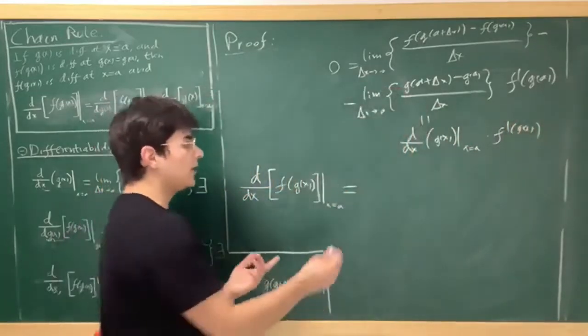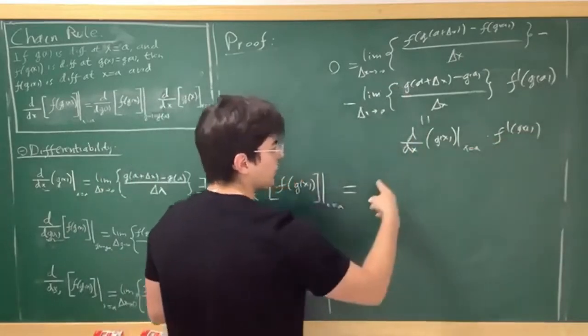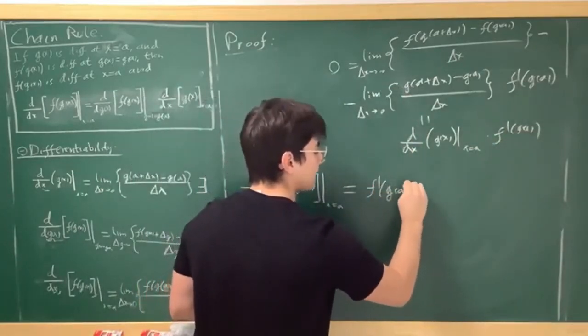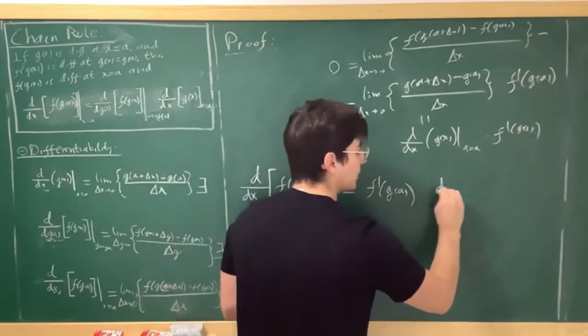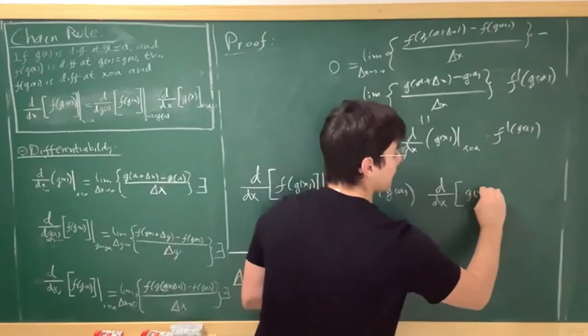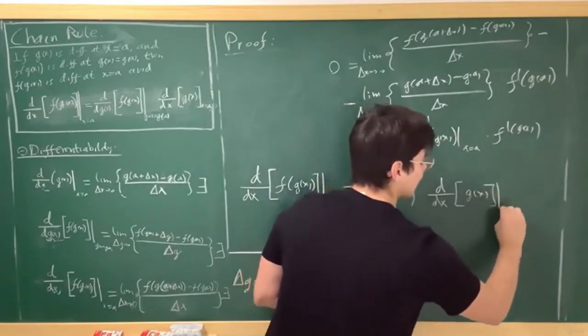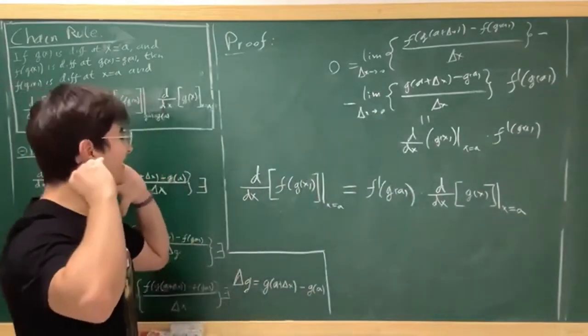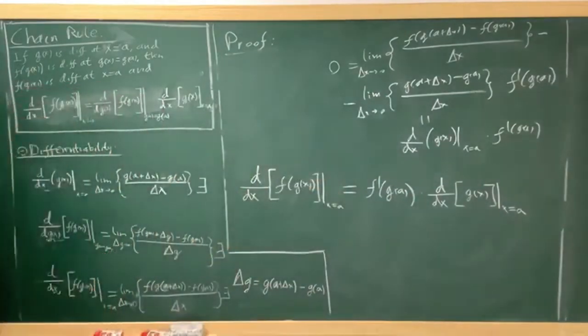So let's just write this one first. Times the derivative with respect to x of g of x at x equals a. And lo and behold, this is our expression, this is our chain rule.